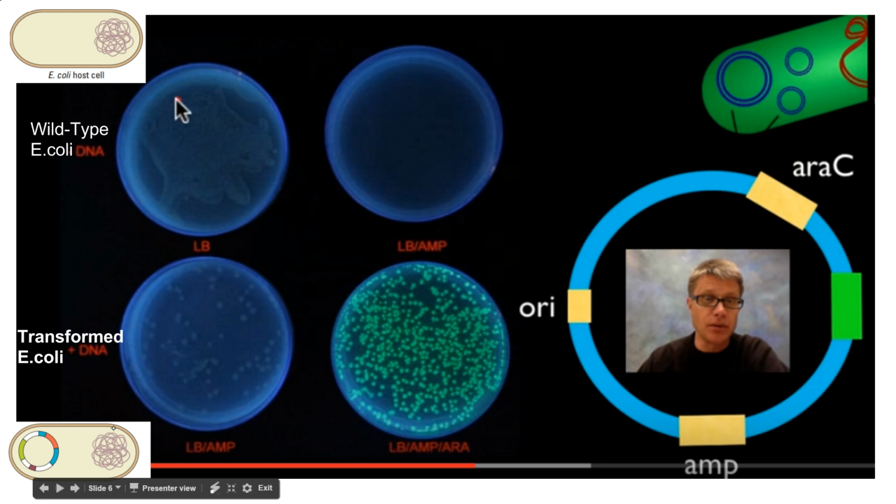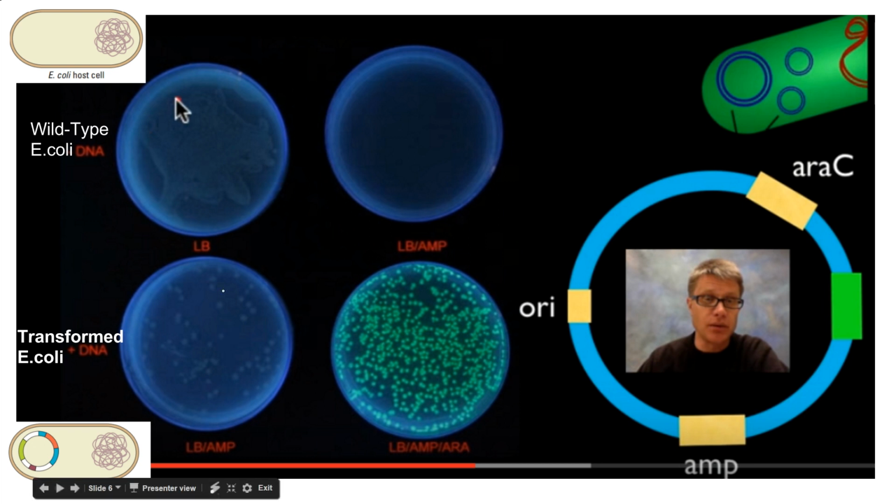Now, with our transformed E. coli here, we take this and we culture it on this broth, this nutrient agar that also contains ampicillin, and we are going to get some that survive, because this thing is making the ampicillin resistant protein inside of it. Now, why doesn't this look like this?